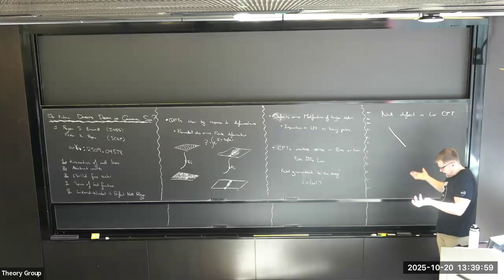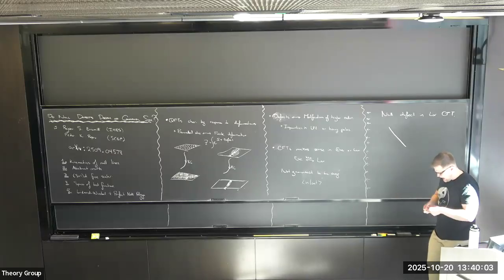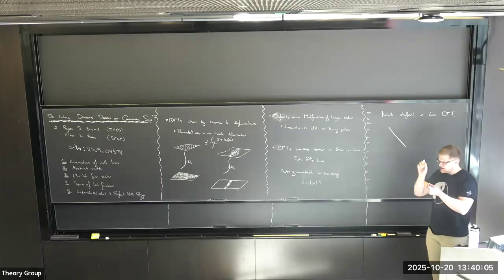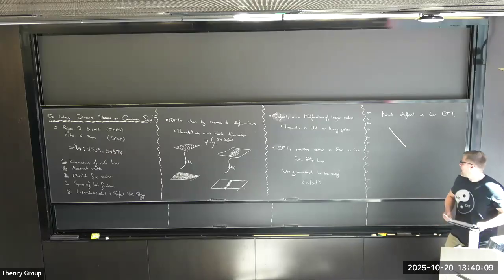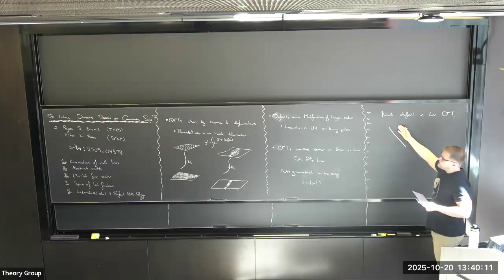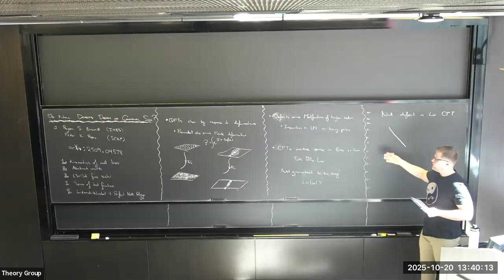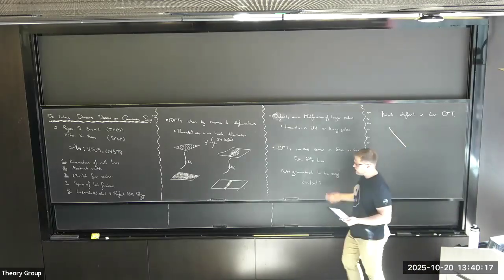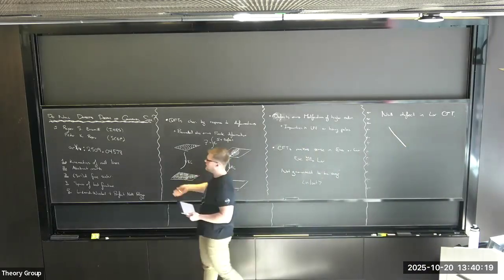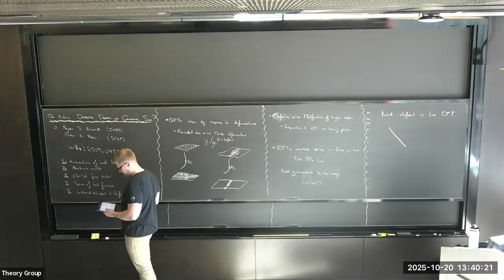Because if I was going to try and construct the same object in Euclidean signature, well, I would try to put maybe the whole defect at just one point. It's very bizarre. So I expect that all information about null defects is contained in some Euclidean Wick rotated quantum field theory, but I just don't know what it is. So for the entirety of today's talk, I'm basically going to live entirely in Lorentzian signature.